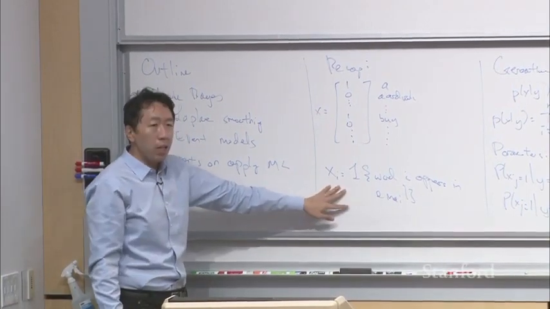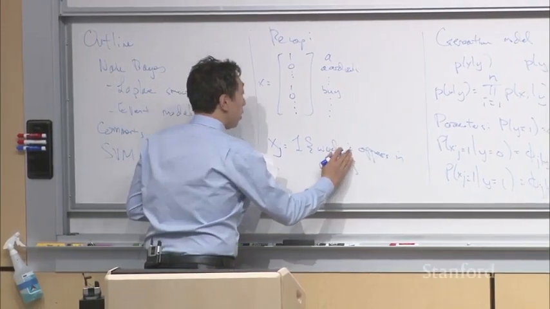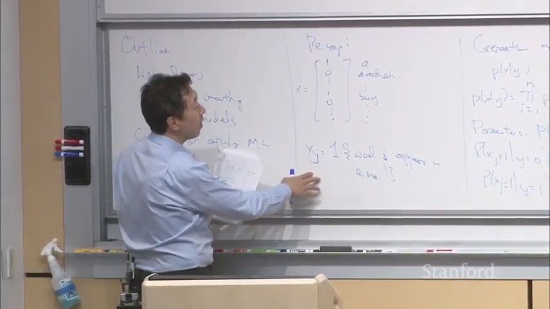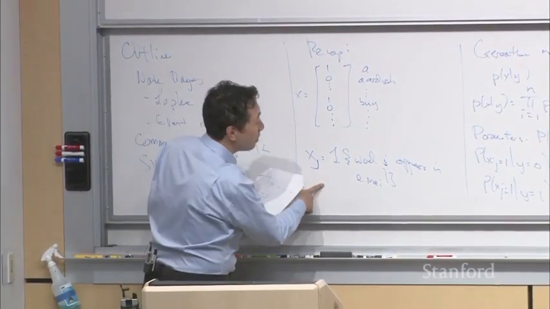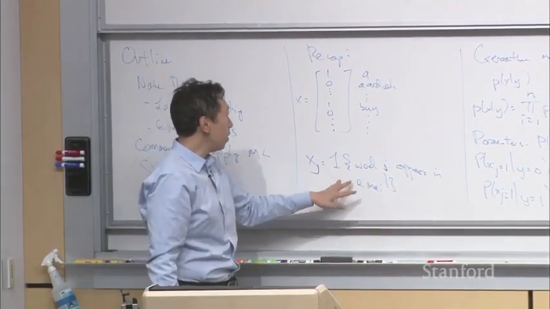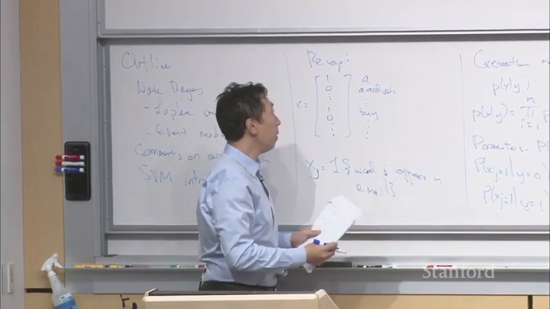So using the indicator function notation, I should use j. Xj, I've been trying to use a subscript j, not consistently, to denote the indexes into the features, and i to index training examples. I'm noticing I'm not very consistent in that. But so xj is the indicator for whether word j appears in an email.